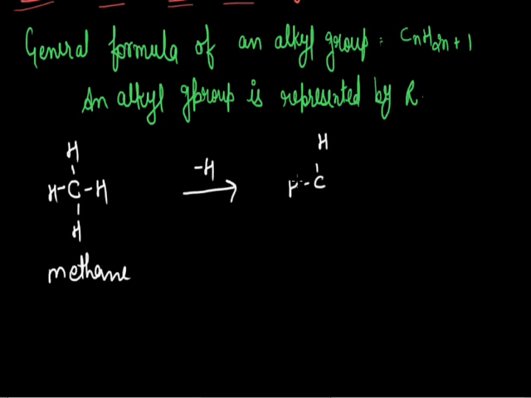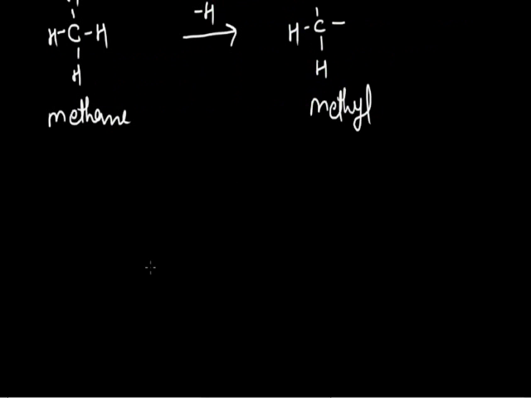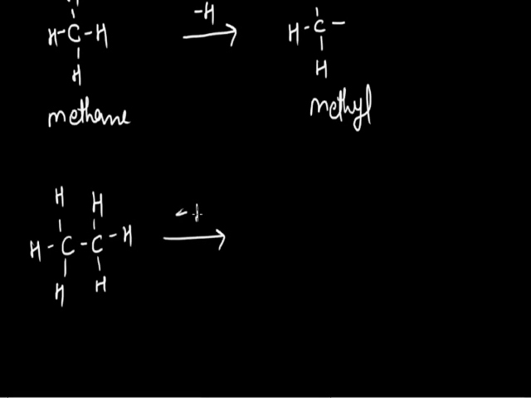One valency of methane will be free and it will be known as methyl. Now if we talk about ethane, and when we remove one hydrogen atom, then we get that type of alkyl group which will be known as ethyl.